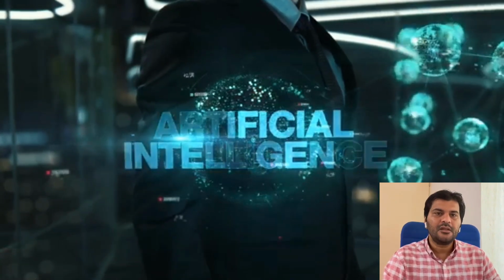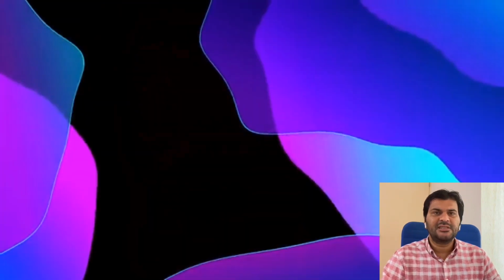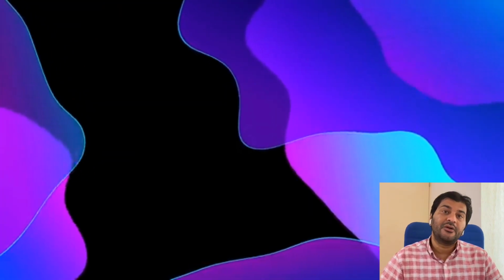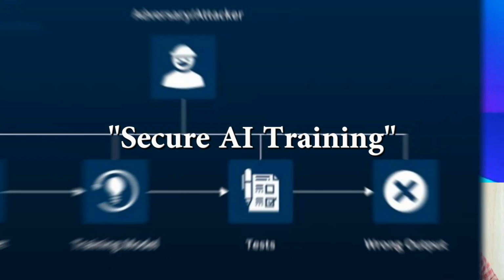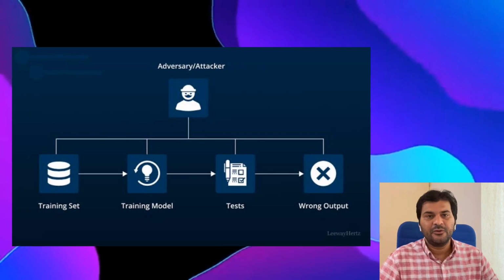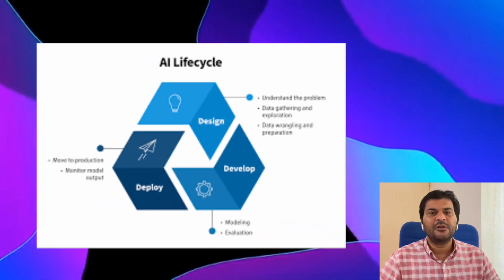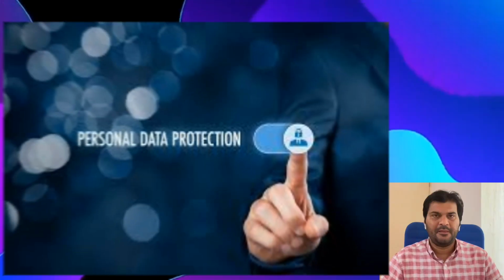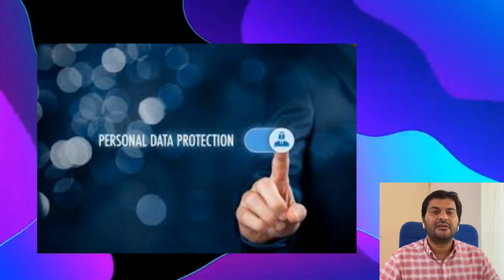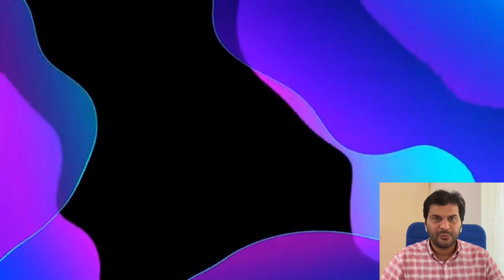Okay, now moving to the sixth point, securing your organization with AI training. The training phase of AI development is particularly sensitive, since AI models often require access to a large volume of data.